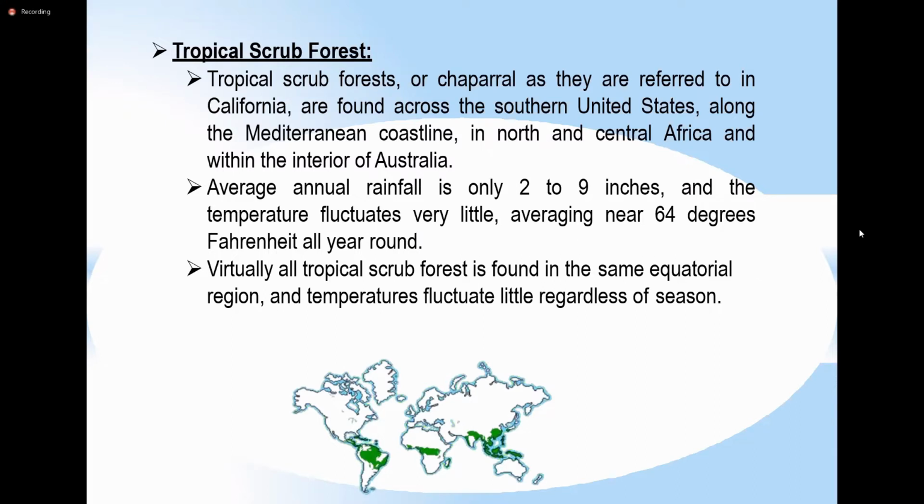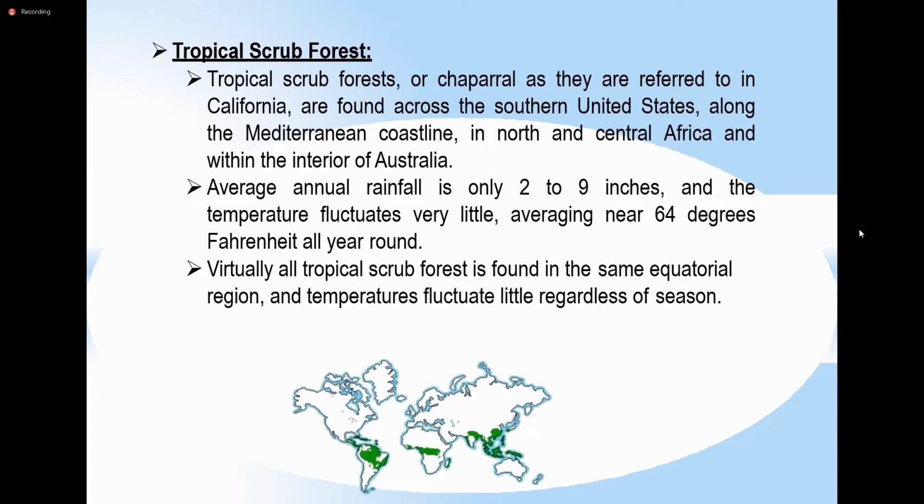So they are found across the southern United States, along the Mediterranean coastline also, in North and Central Africa, and within the interior of Australia also. So America, Mediterranean, Africa, and Australia, these are the places where they are found in large areas.